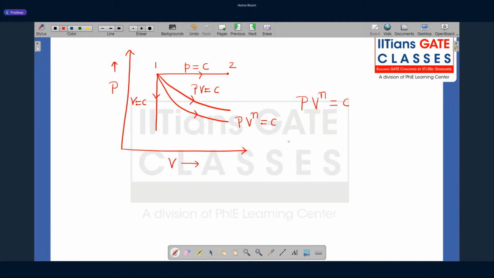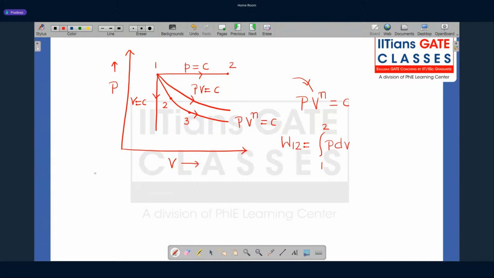For a polytropic process, how do you calculate the work? Again, the same relation you have to use, integral from 1 to 2 of P dV, and you can use this process path relationship. What PV to the power n says is that any two state points along this process path, like let us say this is state point 2 and this is state point 3, follow this mathematical relation among pressure and volume.